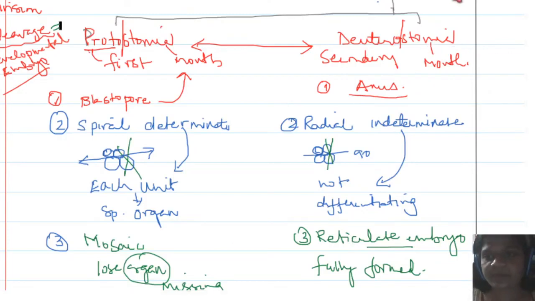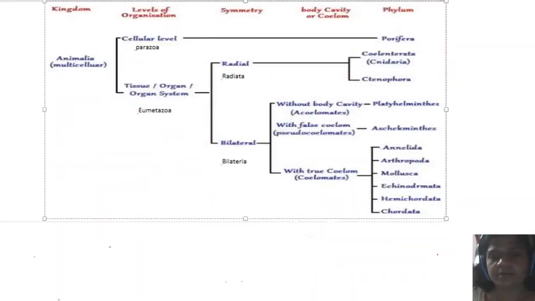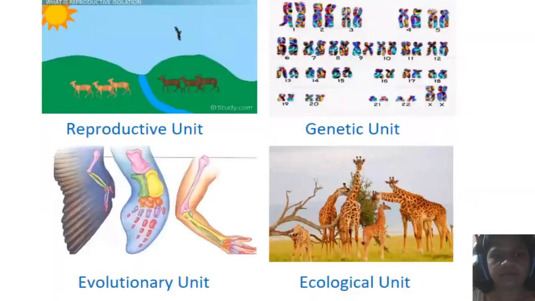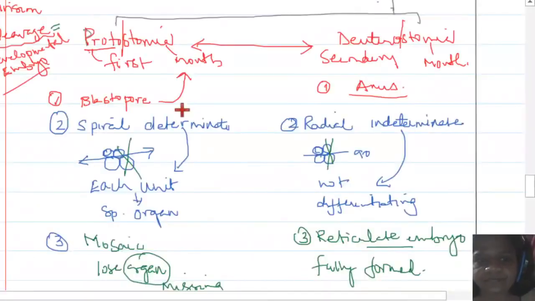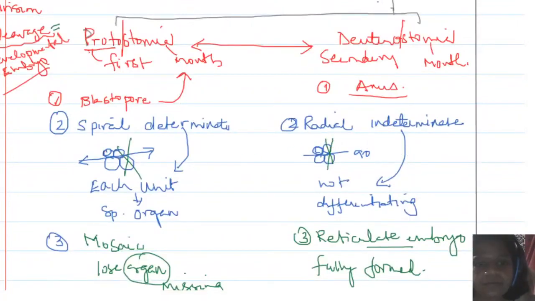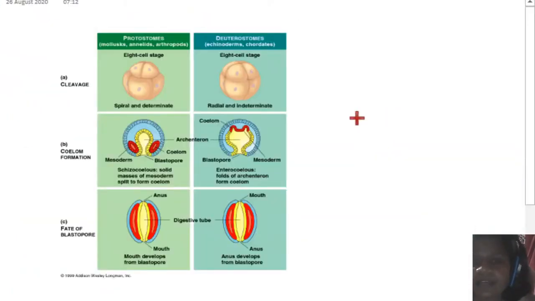If you want to see a picture, let's see if I have one. We don't have it. Oh well, let's go back. Protostomy. Here is the blastopore, and here is the blastopore.